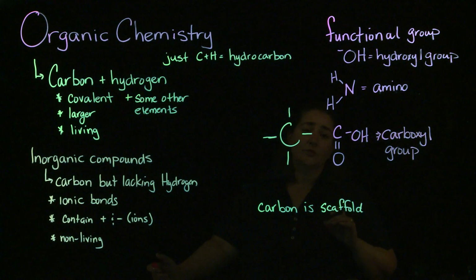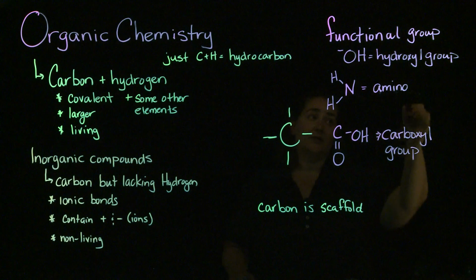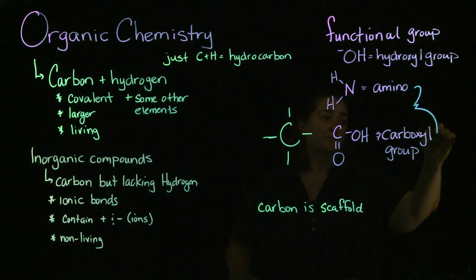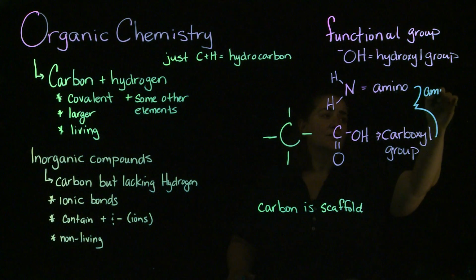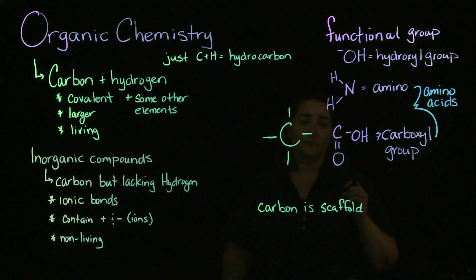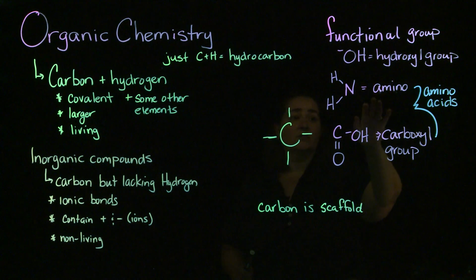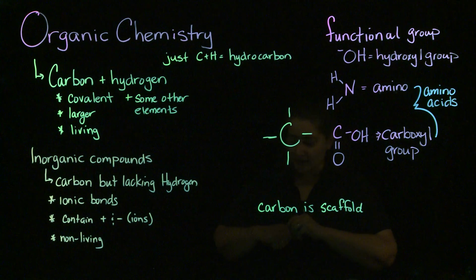So the carboxyl group is also going to be important when we talk about amino acids. So these are two functional groups that play a big role in protein structure, okay? So we've got hydroxyl, amino, carboxyl group.